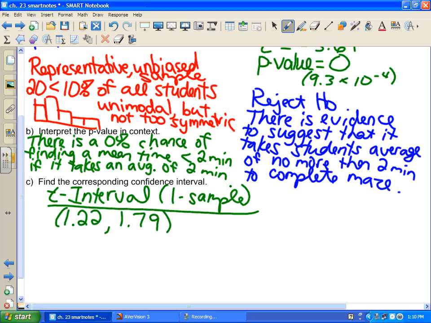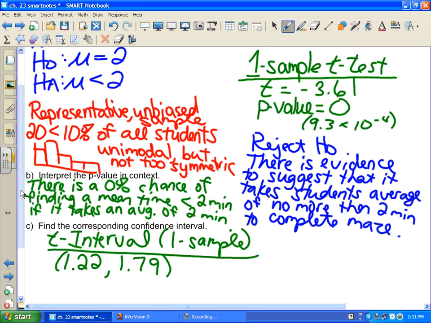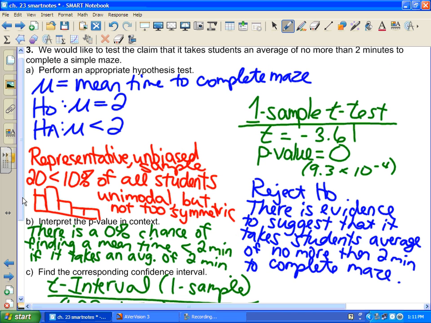Does that support our conclusion that it takes no more than 2 minutes? See, everything's below. The interval is saying that the average amount of time is somewhere between 1.22 and 1.79. Isn't that below 2 minutes? Yes. Okay. Any questions? Does it seem like something you've already done? The only thing that's different is a different kind of interval, a different kind of test, but the big conclusion is the same thing.